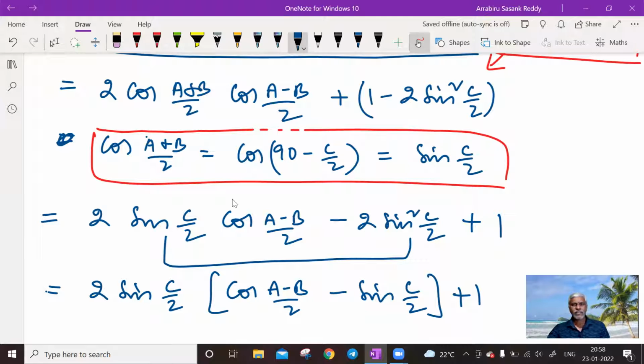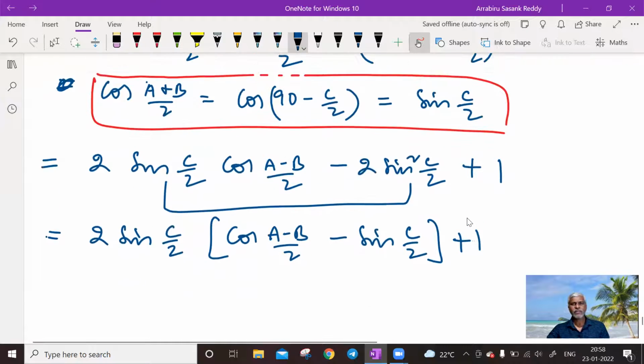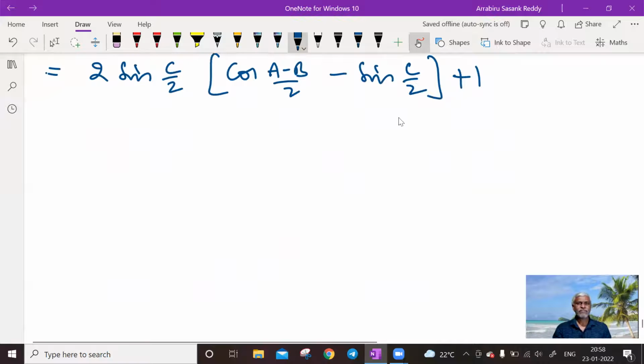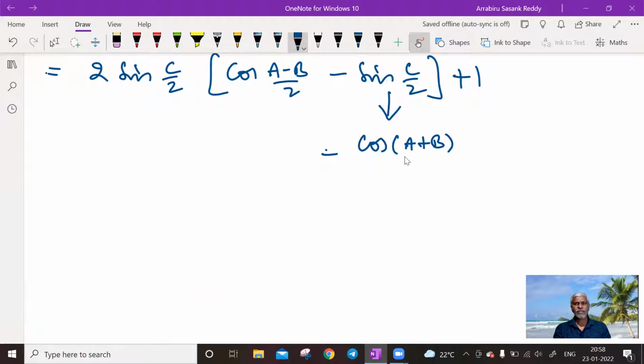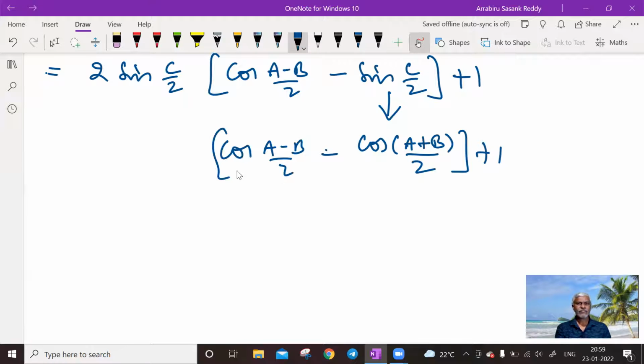Again in place of sin c by 2, write cos a plus b by 2, same reverse. So 2 sin c by 2.